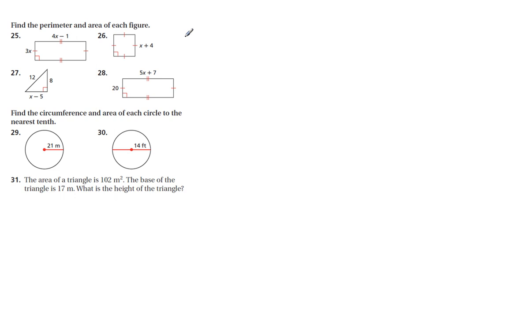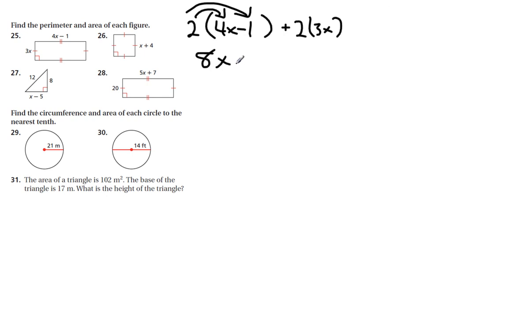Okay, perimeter, we add up the sides. So we've got 4x minus 1. There's 2 of those, right? Plus 2 times 3x. You could have put 4x minus 1 plus 4x minus 1 plus 2. Yeah, but that's too much. So we distribute. Since Sasha doesn't know how to distribute, we can practice that. There's 8x, 2 times negative 1 is negative 2. 2 times 3x, that's not really distributing, but I put the arrow anyway.